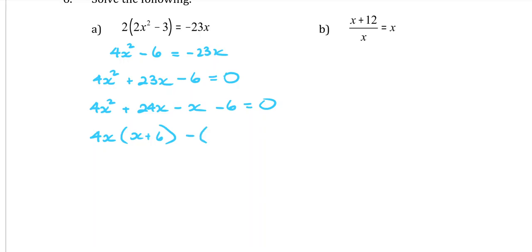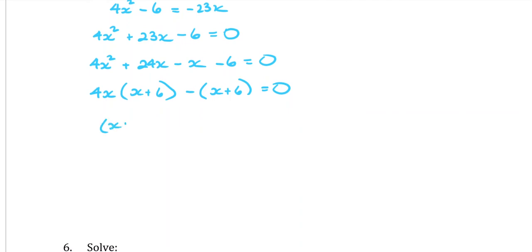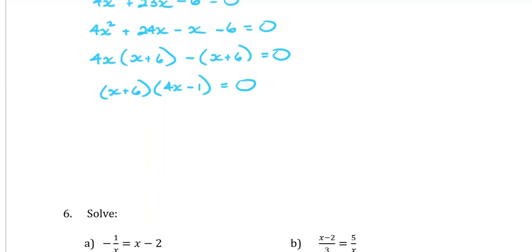Third and fourth term, I can factorise out a minus, which will give x plus 6. Then I can factorise out the x plus 6, which will give a 4x and a -1 from that second bracket. And then I can use the null factor law to get x equals -6 from the first bracket, or x is equal to 1/4 from the second.